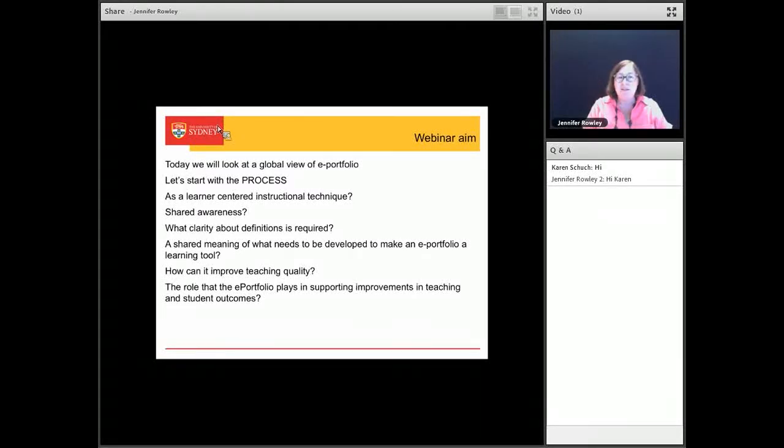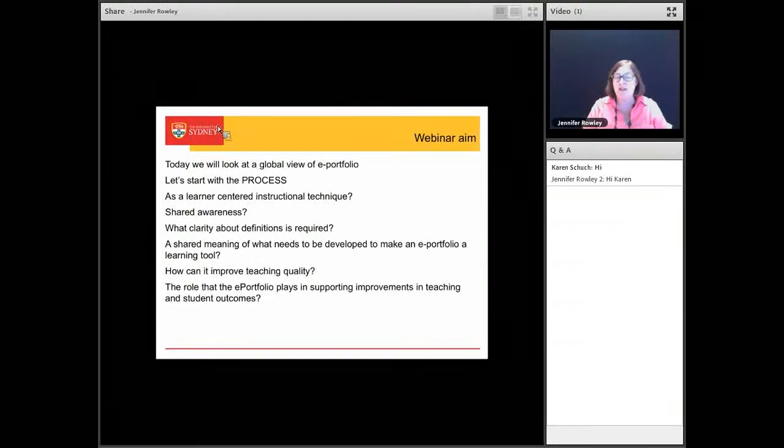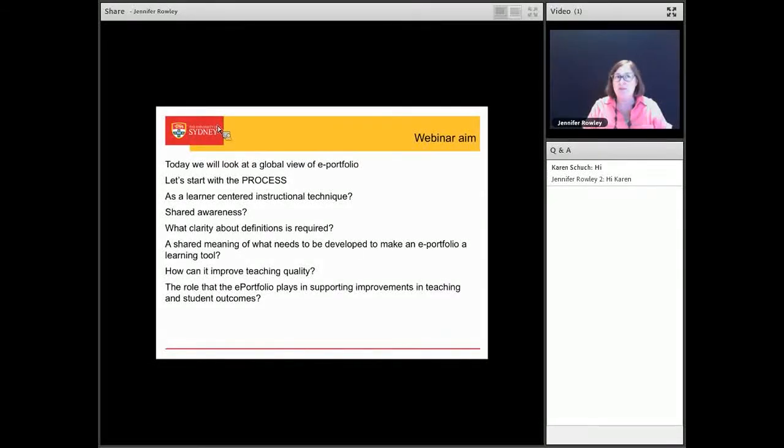So I see electronic portfolios as a learner-centered instructional technique, if I think about the process. And as you'll see from this first slide, I've tried to make these not statements but questions, because I think it's important that we continue to have the discourse about learner-centered, learner-engaged, and maybe even the idea of ownership and self-regulated learning as far as this instructional technique is concerned.